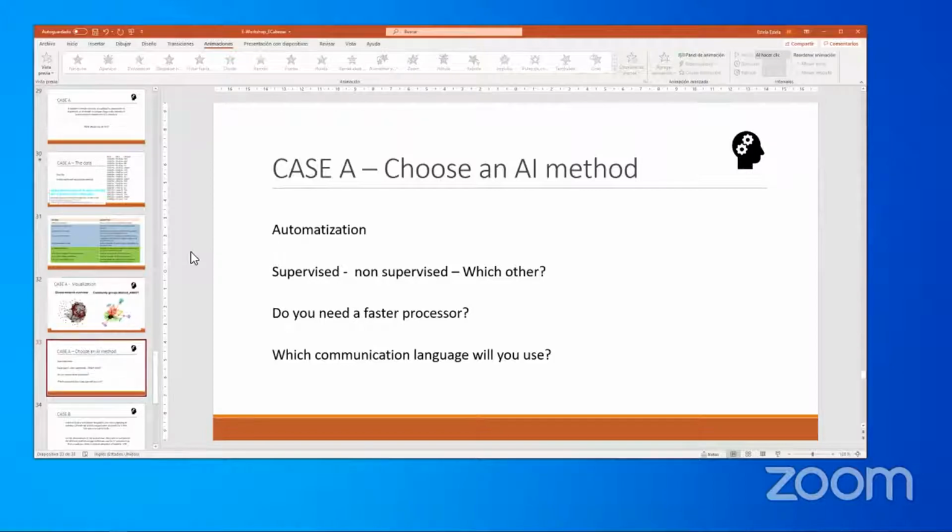Supervised, correctly, perfect. Thank you for participating. Awesome. And do you need a faster processor, or can you do with your laptop, for example, or do you need a GPU to process all this data? Maybe with your laptop, you can easily go for it, right? It's not something that might require that much processing capacity.